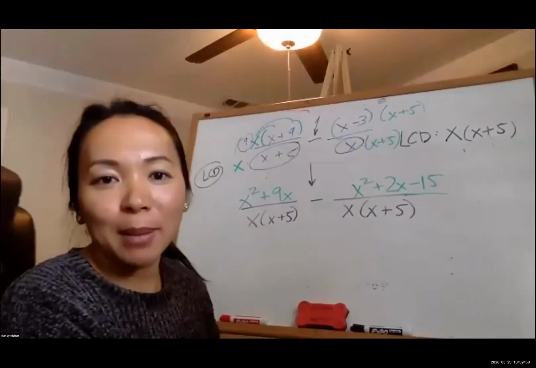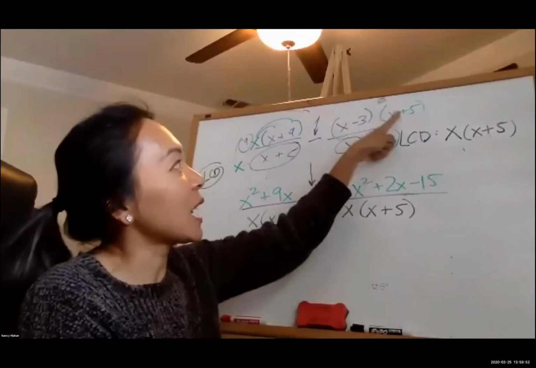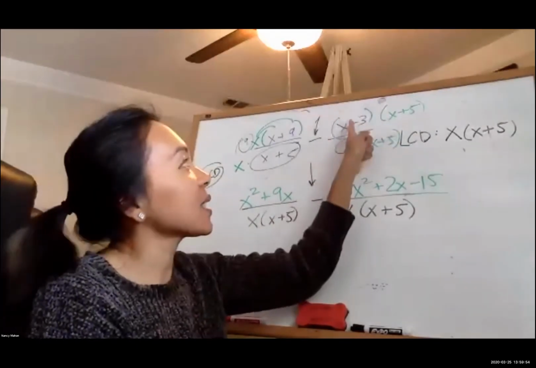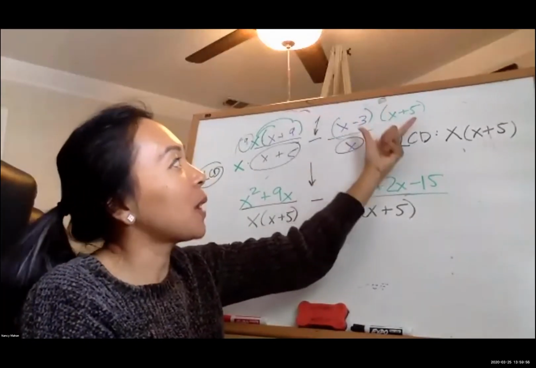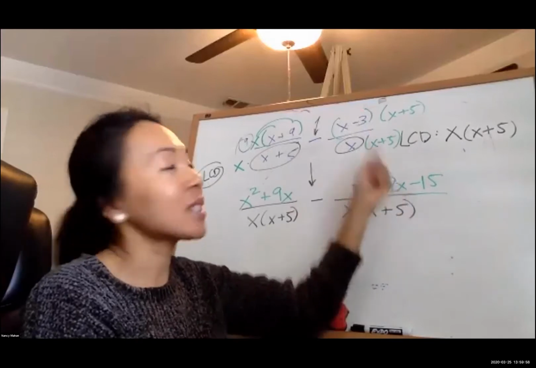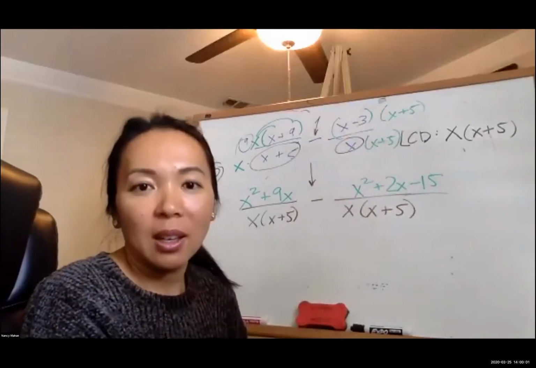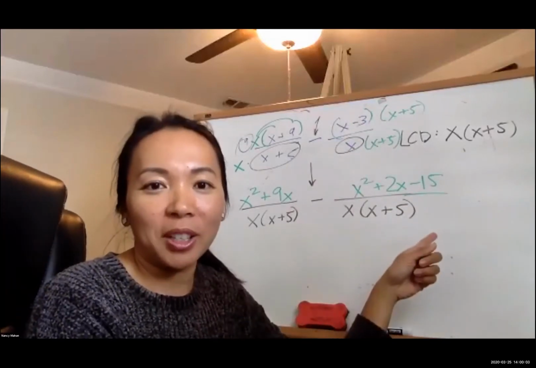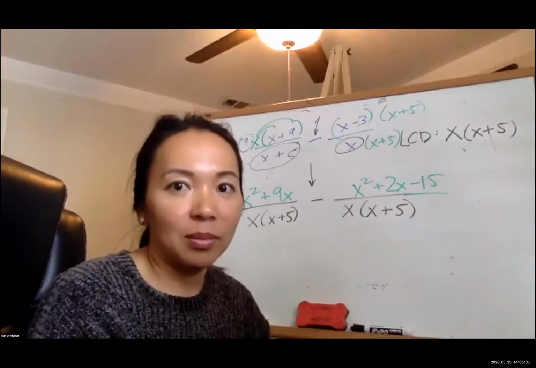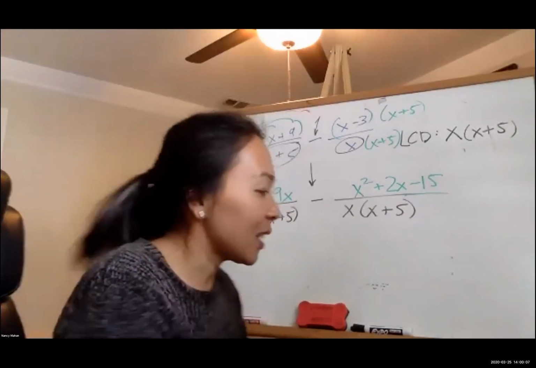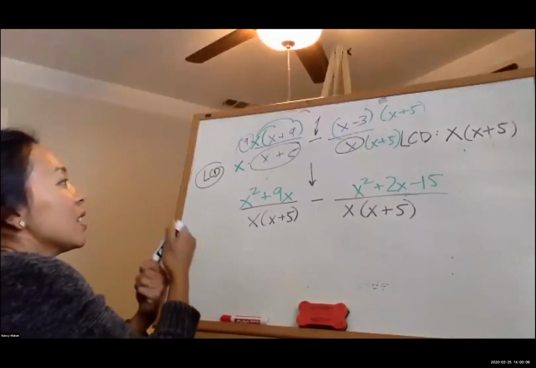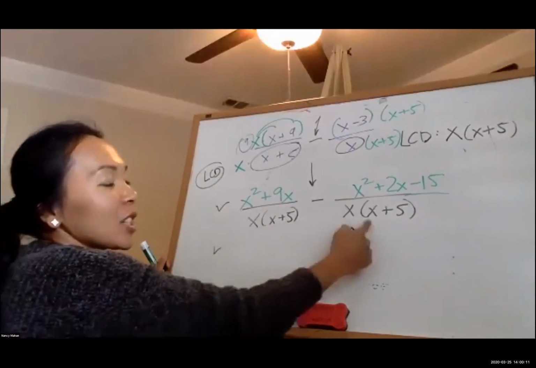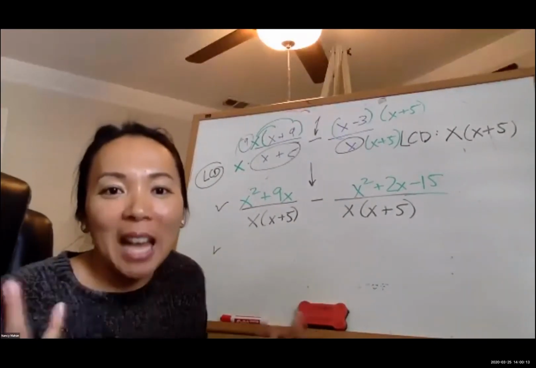And Abraham did that by foiling, right? X squared plus 5x minus 3x. So 5x minus 3x gives you 2x minus 15. Any questions with the foiling part? Alrighty, so now that we have two fractions with the same denominator, I can combine them.